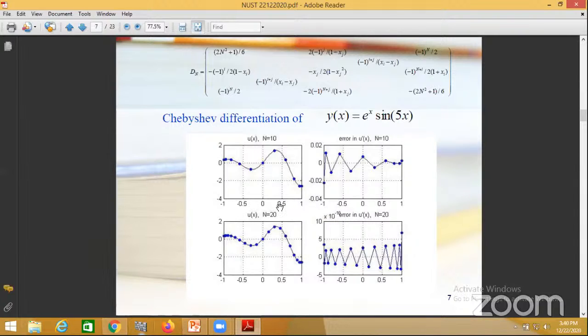However, if we increase the number of nodes, the interpolation points, up to n is equal to 20, we can achieve an error of order 10 raised to the power minus 10. This graph represents the error. It means that the Chebyshev differentiation matrix is of great accuracy.